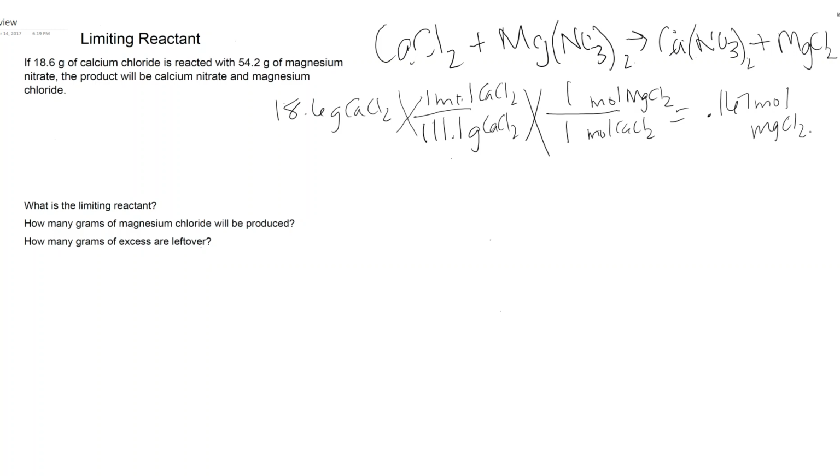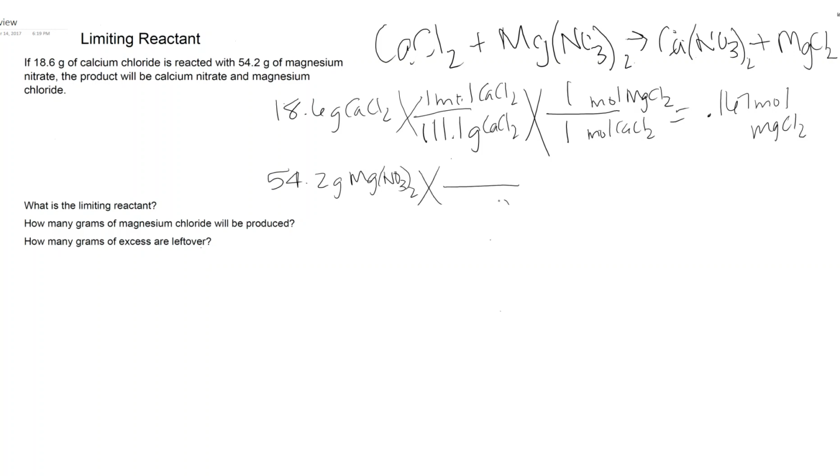Now we repeat that process starting with our other starting amount, 54.2 grams of the MgNO3, converting it to moles of MgCl2, so we can compare substances that have the same units.